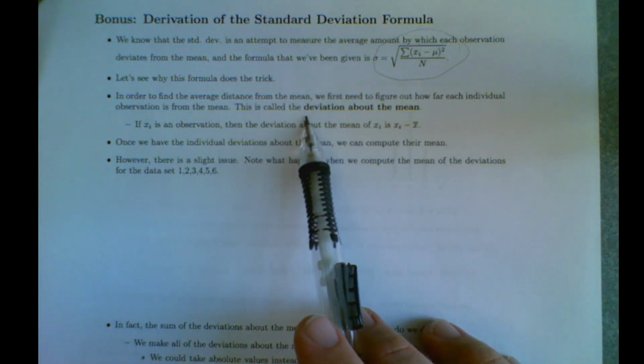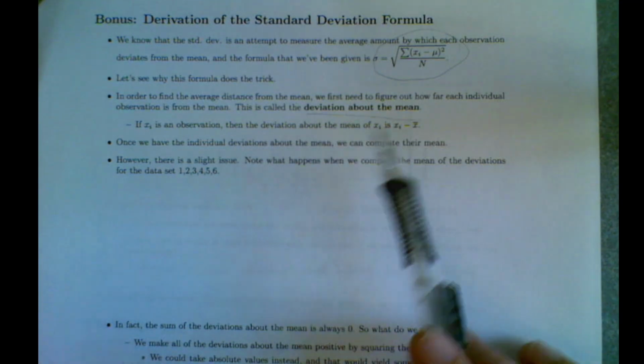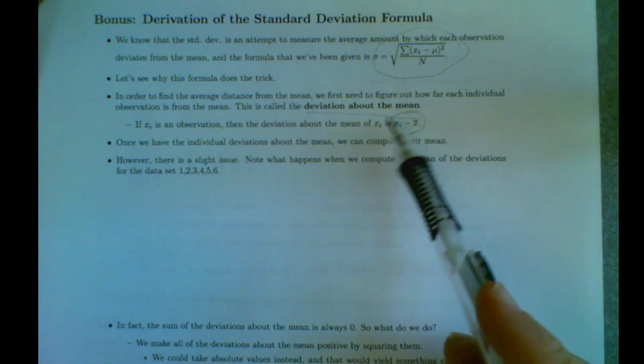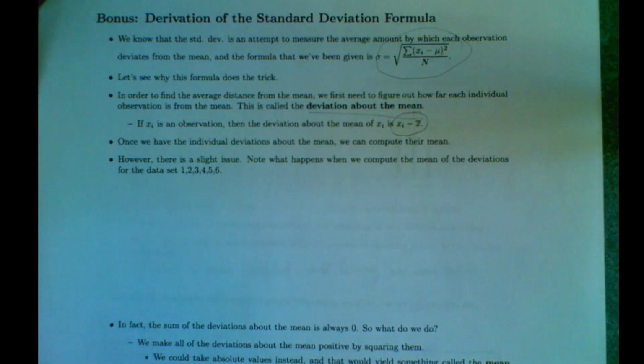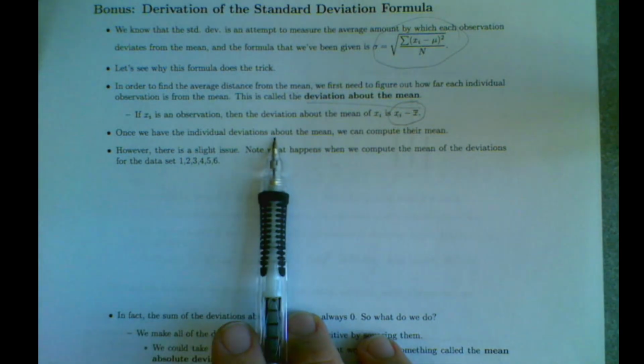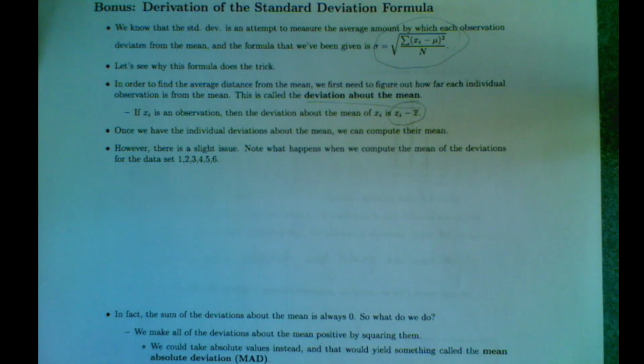This is called the observation's deviation about the mean, and we would calculate that by subtracting each observation from the mean. Once we have those individual deviations, we can compute their mean, their average.